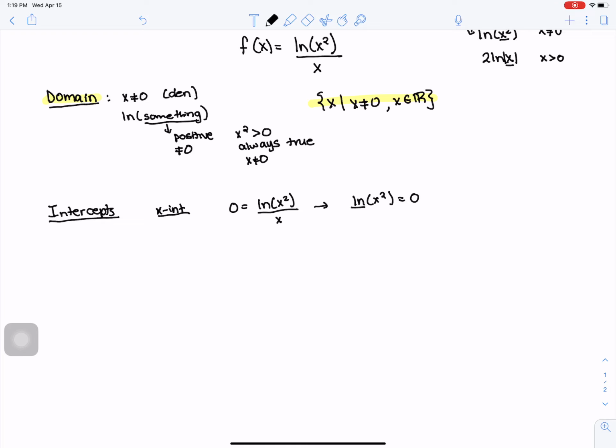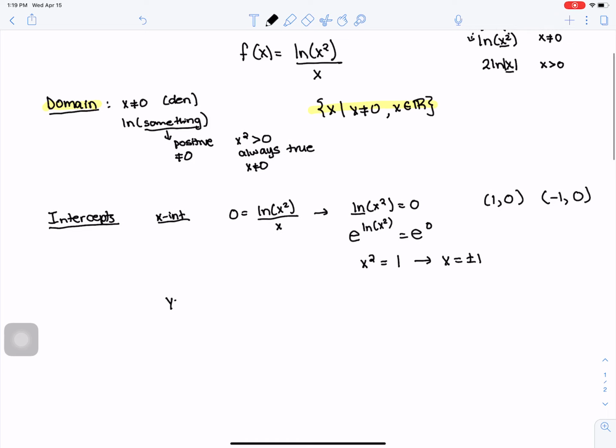We need to think about what function undoes the ln function. It's the e function. So I'm going to take the e on both sides. E and ln are inverse functions of one another. So x squared is equal to e to the 0, which is 1, which means x is equal to plus or minus 1. So my x-intercepts are (1, 0) and (-1, 0).